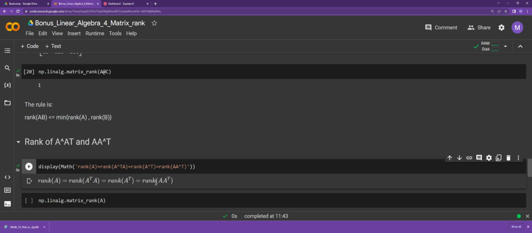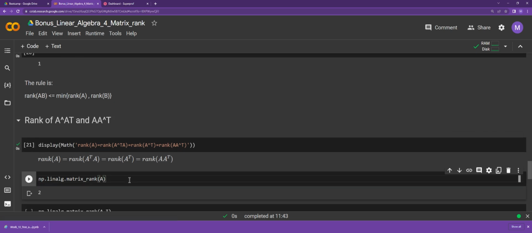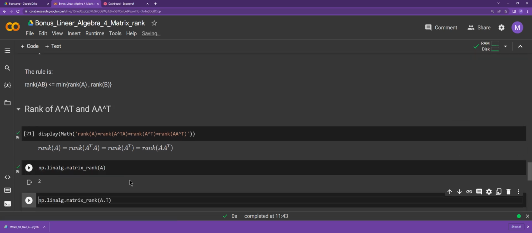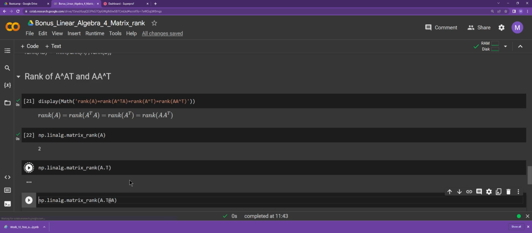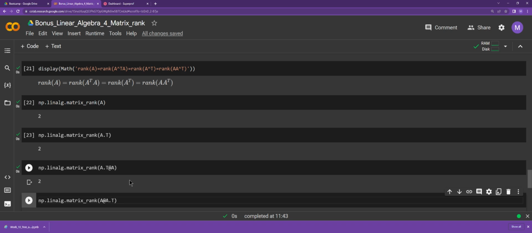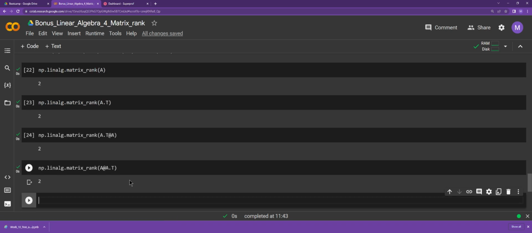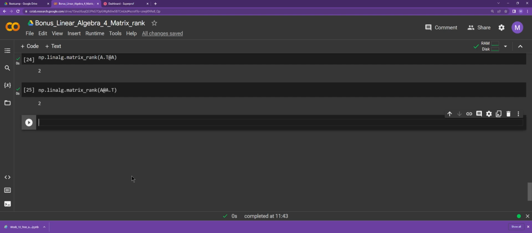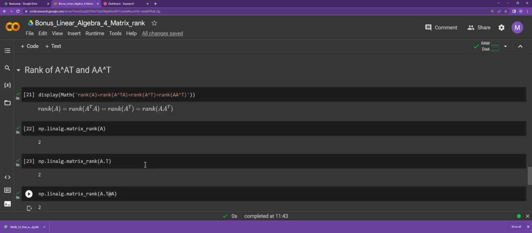That's the general rule that follows. I'm just going to visualize this. Matrix A has a rank of 2, A transpose is 2, A transpose A is 2, and A A transpose is also 2. So this is it.